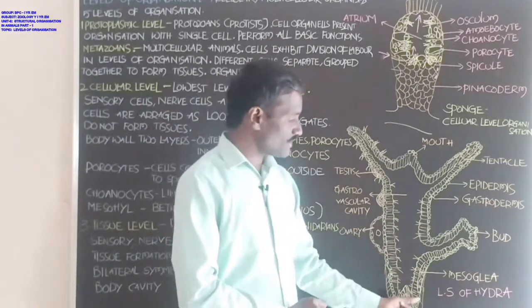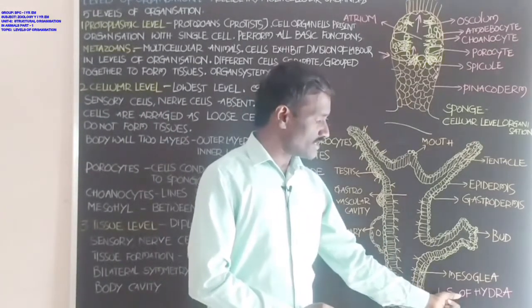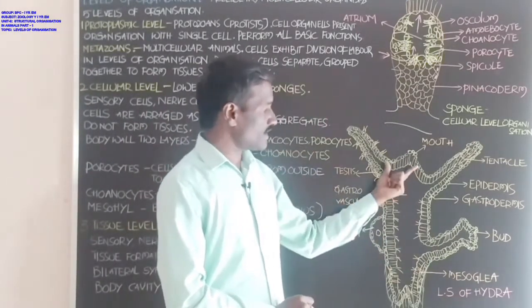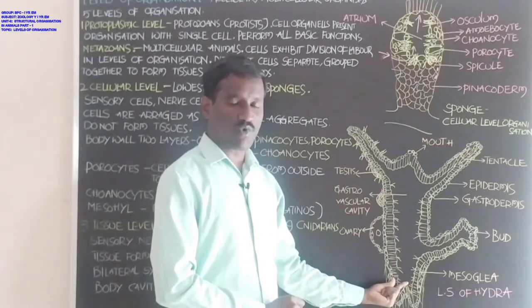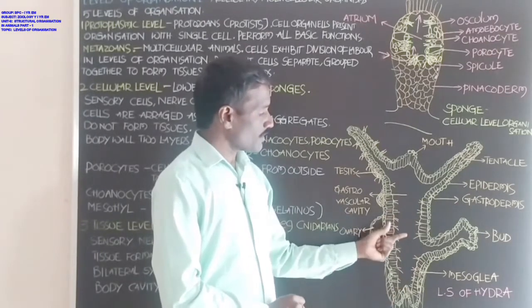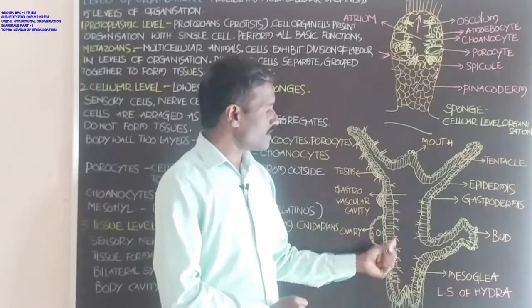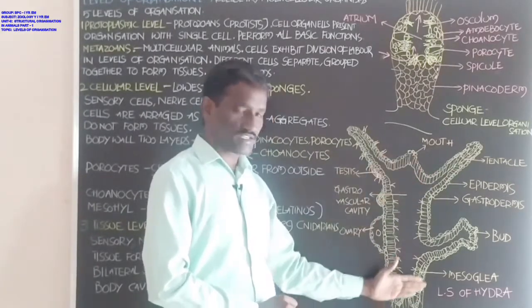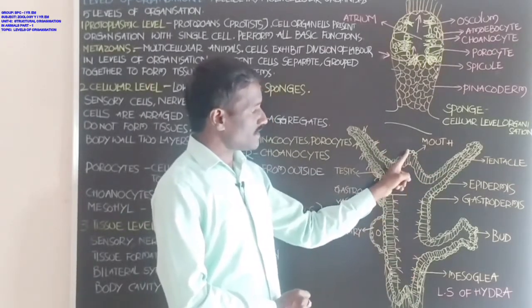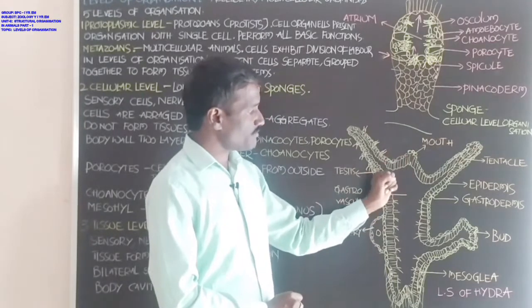It is discussed with the longitudinal section of Hydra. Students, it is the longitudinal section of the Hydra, a freshwater animal. These are the tentacles, and there is a mouth between the tentacles.